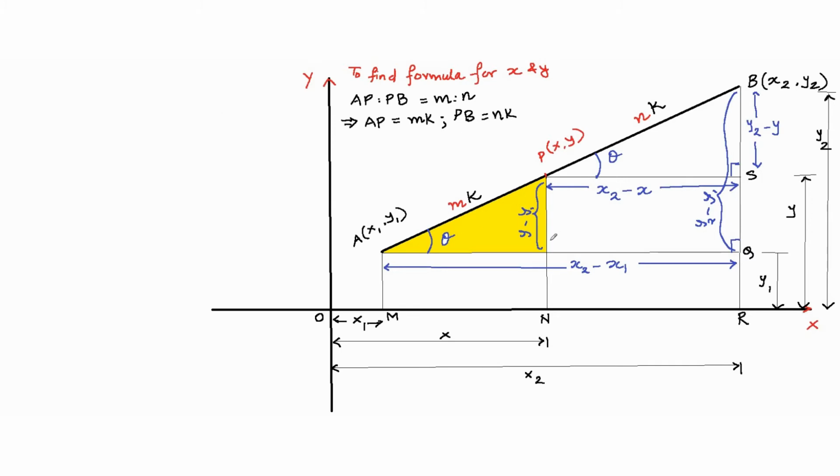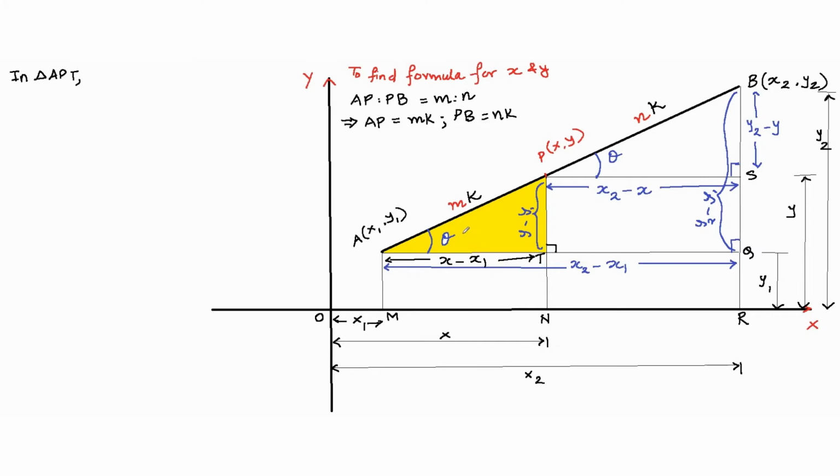So I am going to use trigonometry over here to find a few ratios. First of all, let's consider this particular triangle. In triangle APT, I know that the hypotenuse is m times k. The distance between P and T is y minus y1, and the distance between A and T is x minus x1.